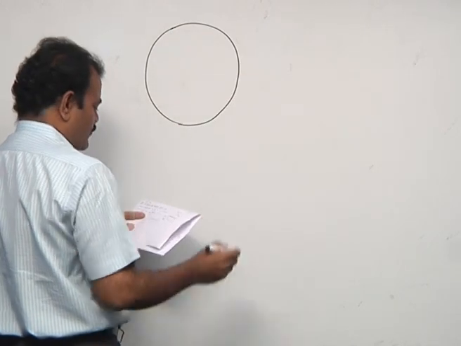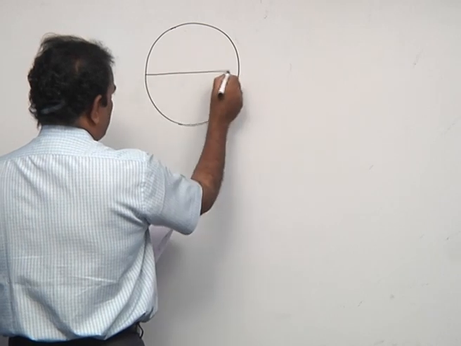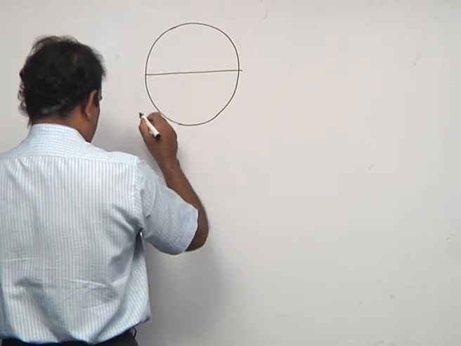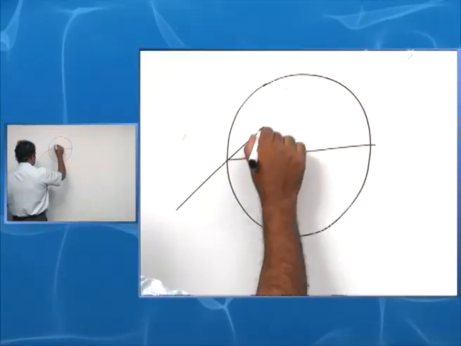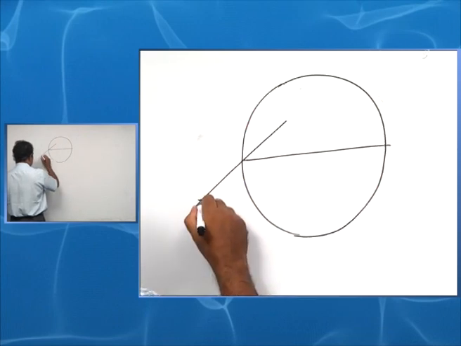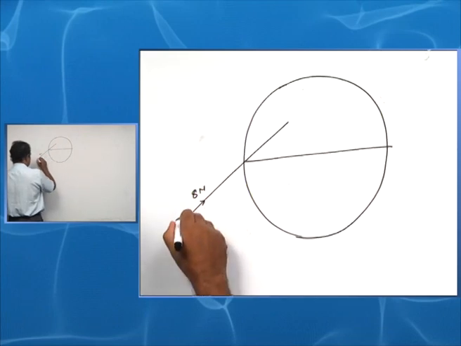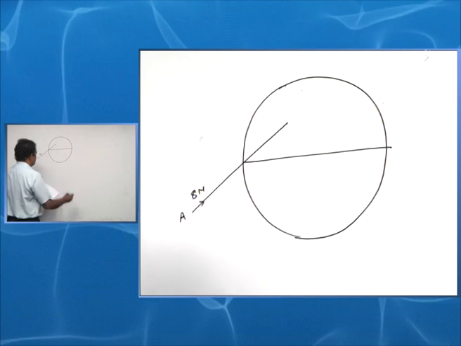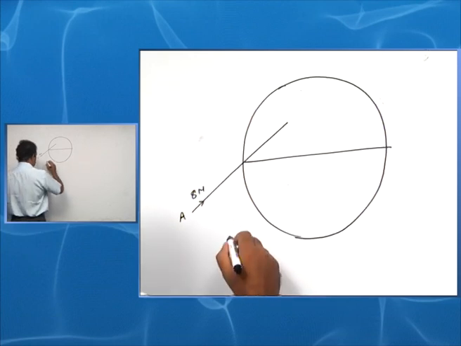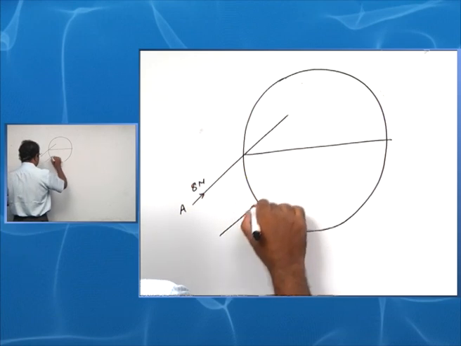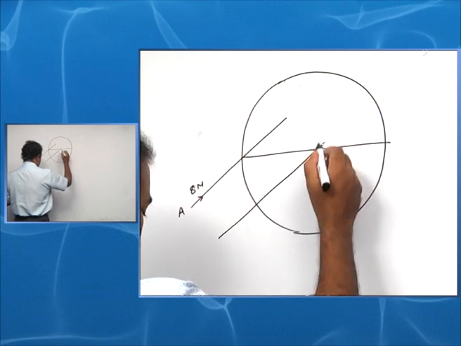Now here these are the forces. This point is taken as A, and the force passing through A is 8 newtons. Here is another force passing through O, the center.